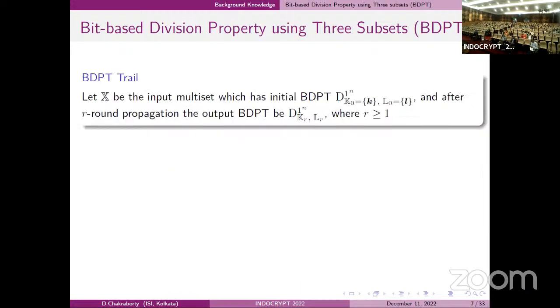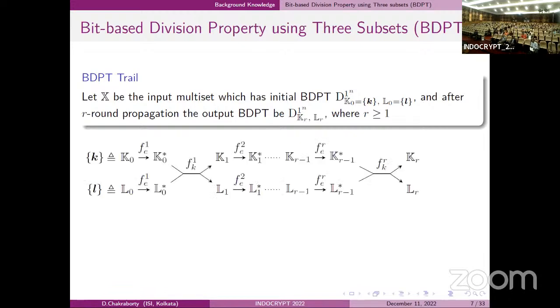Now comes the next part. With all these definitions, what are we actually going to do? Suppose we start with a plaintext multi-set X, which has some initial three-subset division property. Now suppose I apply some functions over the set X, F1, F2, like this, so the set is propagating through these functions. We are interested in seeing how the property is propagating through the functions.